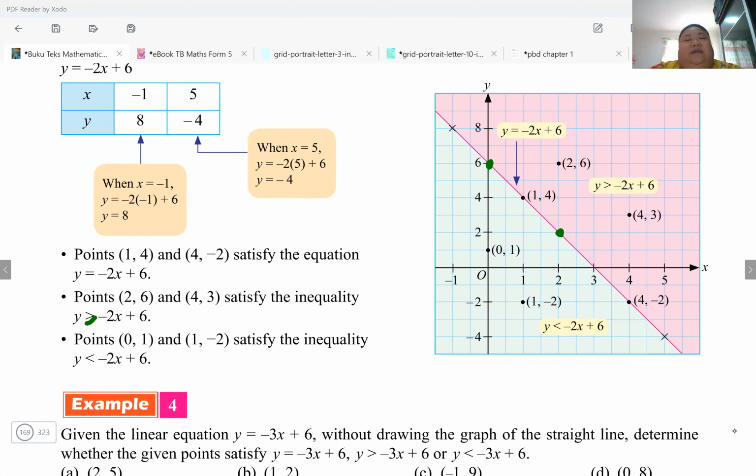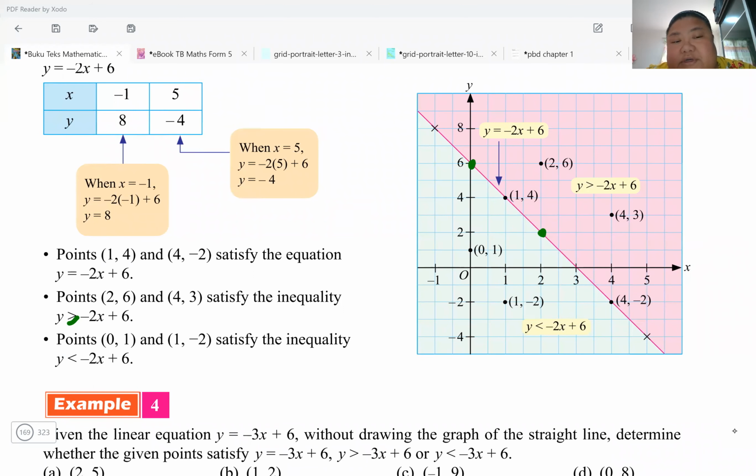Now if you plot all the points just now, I believe you know how to plot the points. The points (1, 4) and (4, 2) are on the straight line.